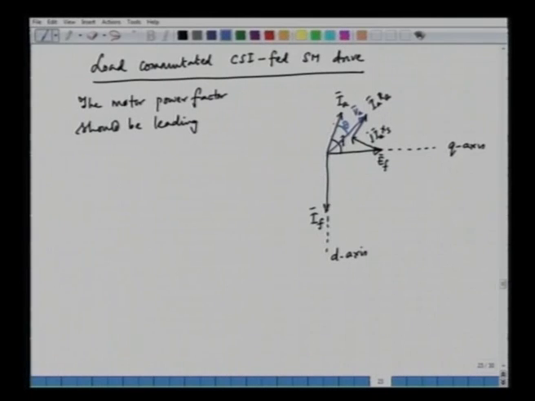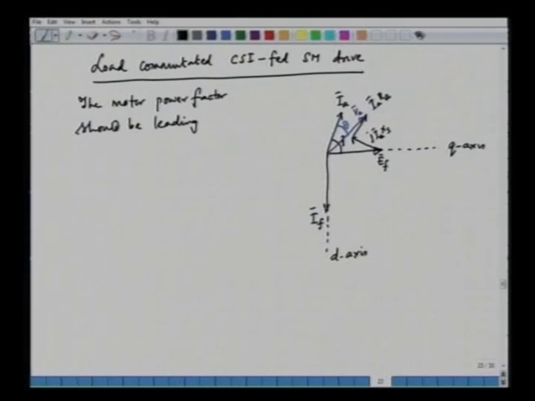So, for load commutation, when the CSI has to be commutated by the back EMF of the machine, we have to make gamma large, and when we make gamma very large, the current leads the voltage and the power factor becomes leading.